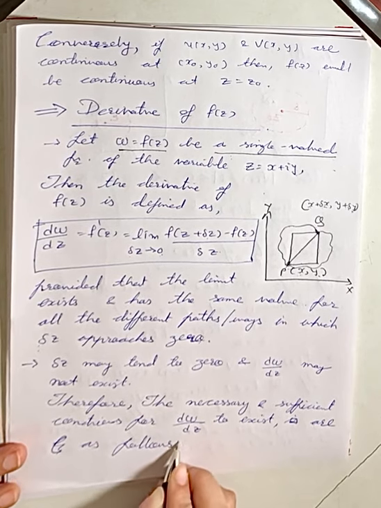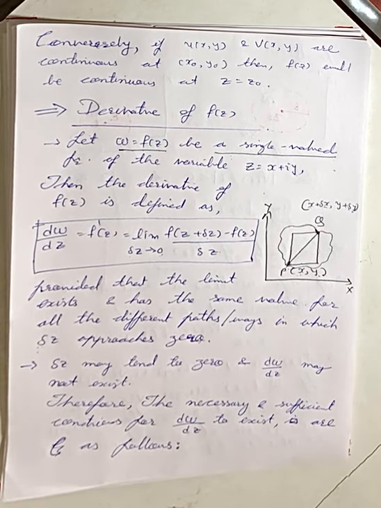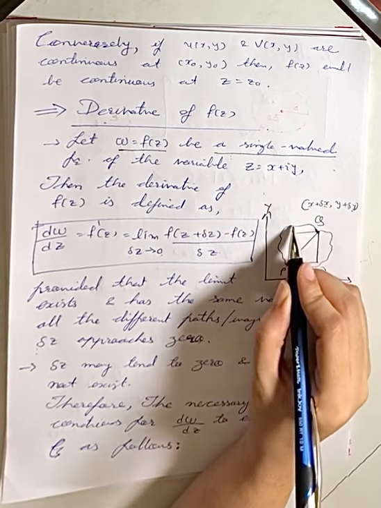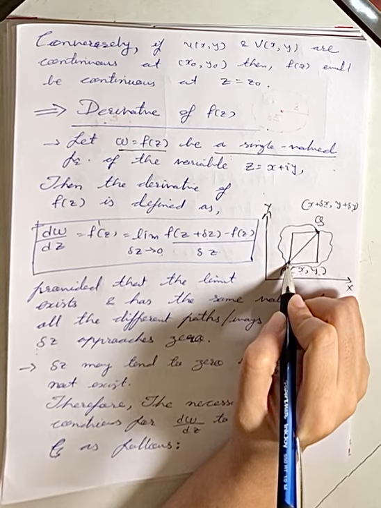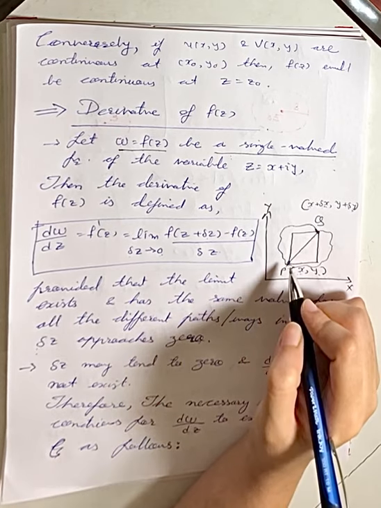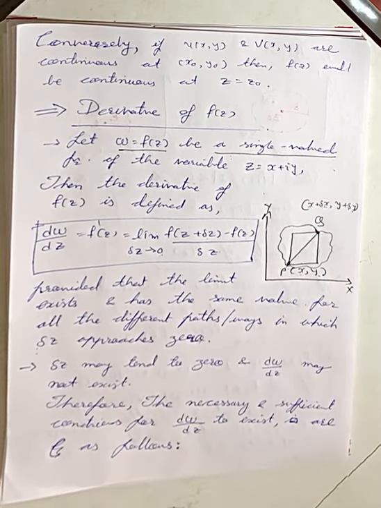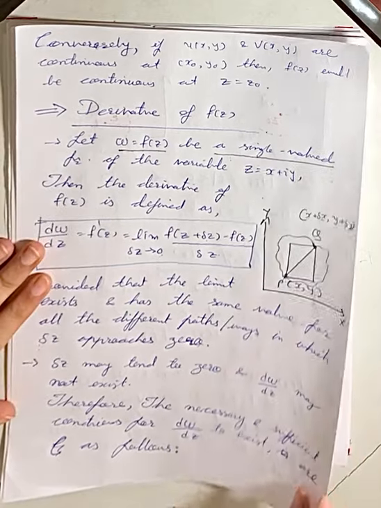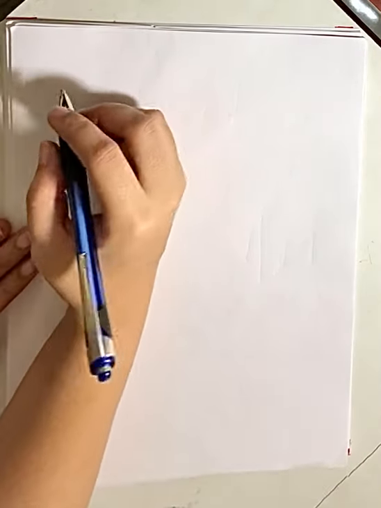So what conditions should we use to make sure that delta z also approaches 0, but in the same path we have the derivative which is existing? So how do we make sure of that? There are two conditions which we need to follow.